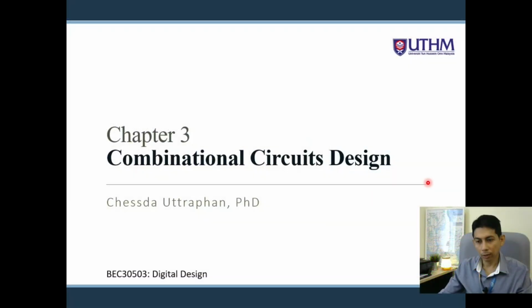All right. So last week we looked at combinational logic, or combinational circuit design. Today we will continue what we have done, and we expect that today we will complete chapter 3.